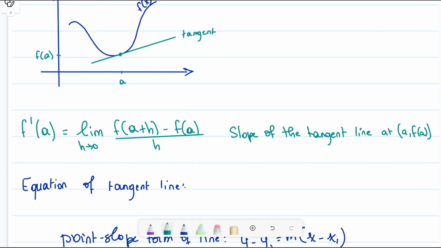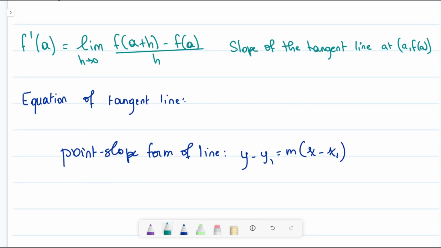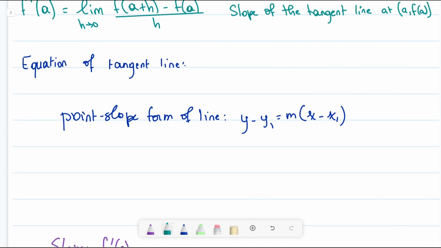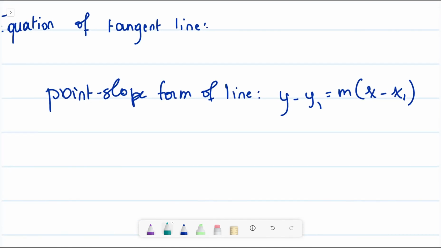And now we would like to find the equation of the line, so not just the slope. The way to find an equation of a line is the point slope form of the line. This is the form of the line that uses a slope and a point.